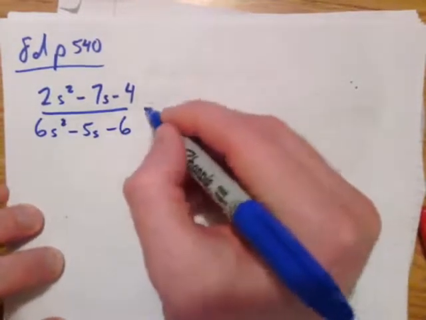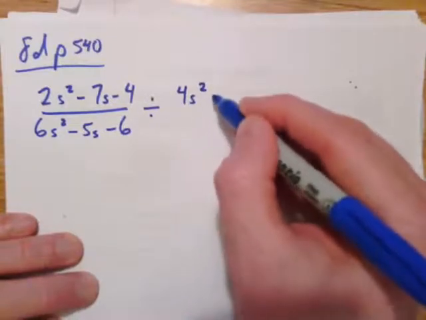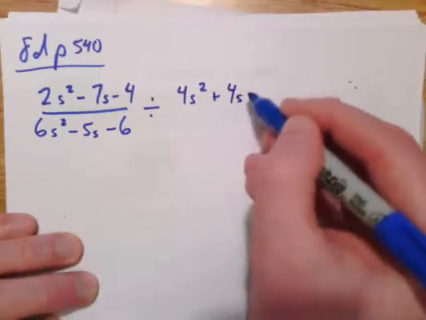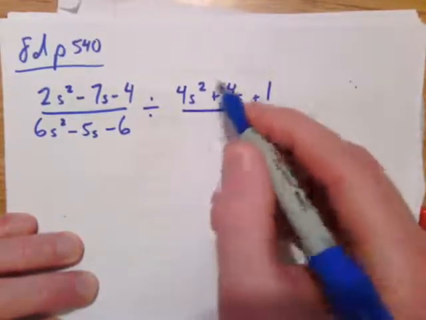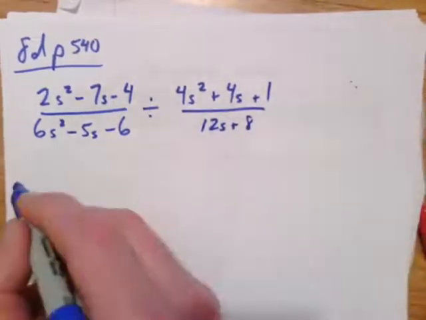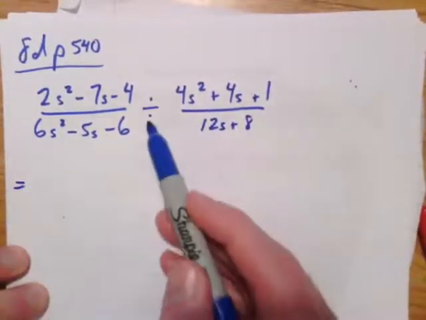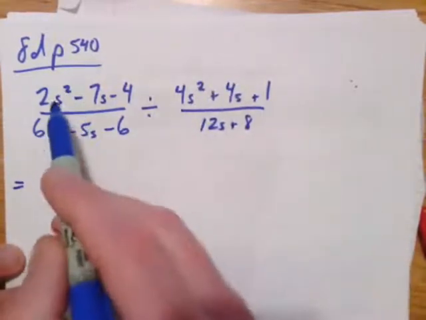There's some fun factoring going on here, friends. Divided by 4s squared plus 4s plus 1 all over 12s plus 8. Okay, so we're going to rewrite this whole mess, but factored. I'm not going to flip and multiply yet because there's too much going on.